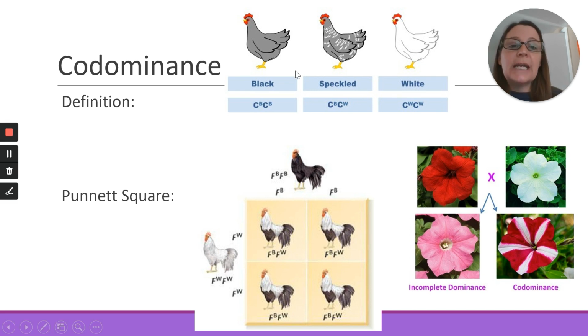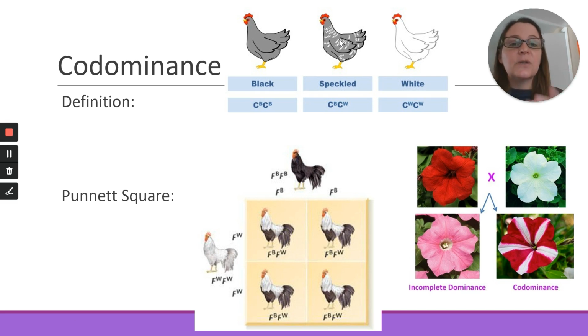So in the case of chickens, the speckled chicken, you can actually look them up. They're like blue chickens, or Andalusian chickens are what they're called. And they're not really speckled or spotted. It's just that you have some white little wispies on each feather and some black ones.